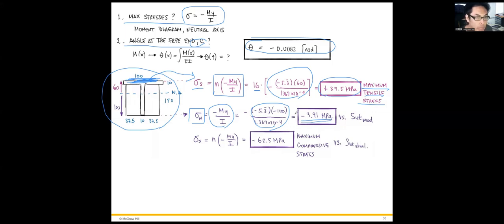We can compare this value with the ultimate tensile stress of the wood. The stress of the steel at the bottom part equals n times that, because for steel we have to enlarge, multiplying by the factor n, since we just enlarge the width of the steel. We plug these numbers in and get minus 62.5 megapascal, which is the maximum compressive stress. We can compare this with the ultimate stress of steel.